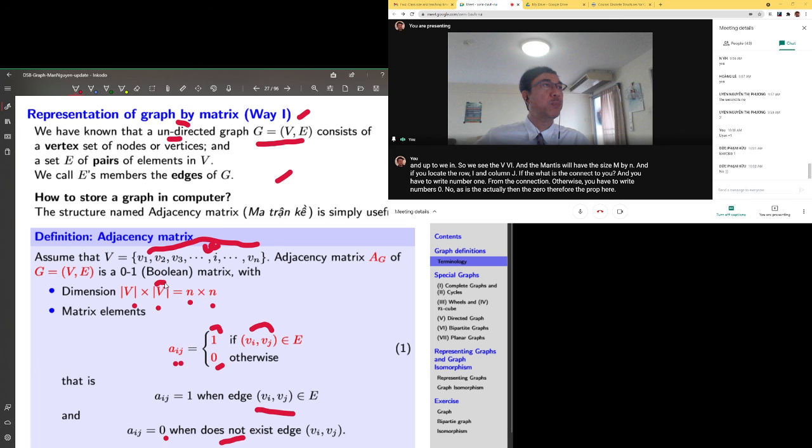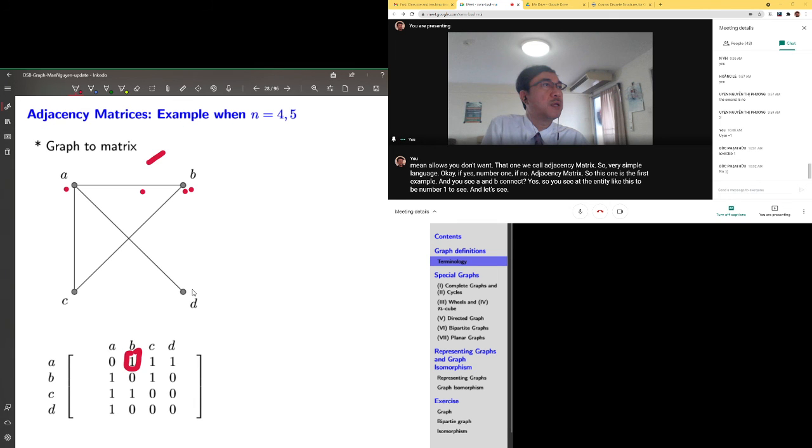So this one is the first example, and you see A and B connect. Yes. So you see the entry like this to be number 1. And let's see B and D, no connection. If you observe the row B and the column D, that entry will be 0.